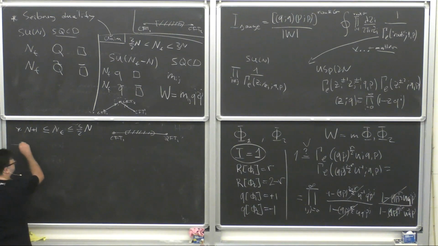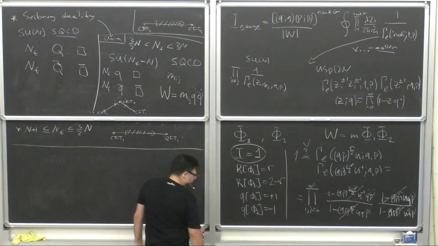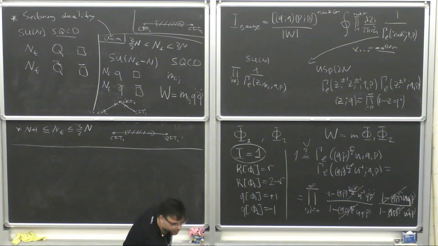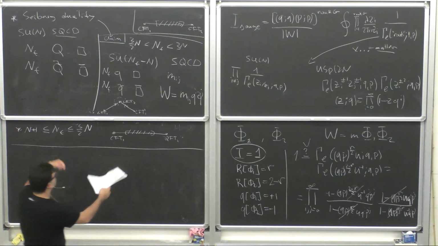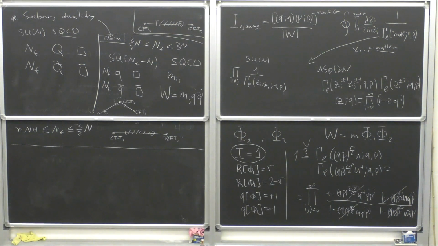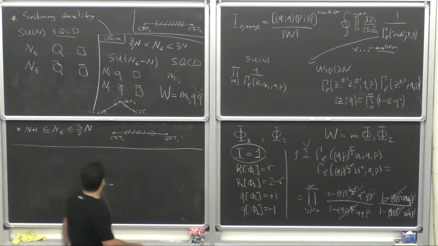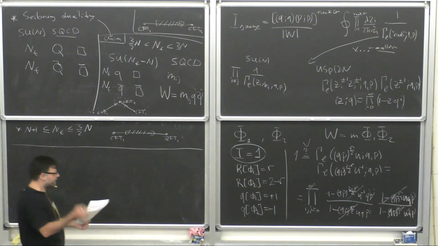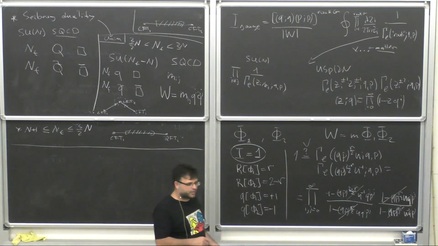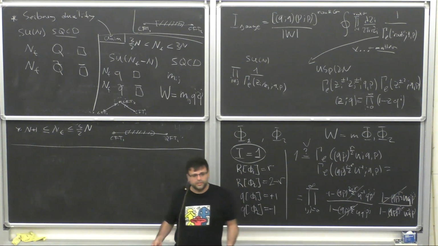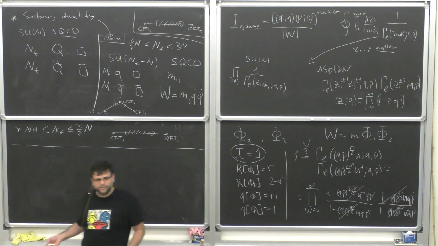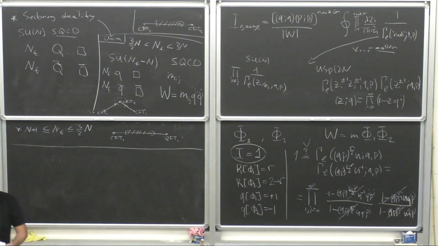Okay, so let me just very briefly use the technology that we have to indicate how we know which theory is asymptotically free and which theory is infrared free. So what do we need to do to discover whether a theory is asymptotically free or infrared free? We need to understand whether the gauge coupling is relevant or irrelevant.